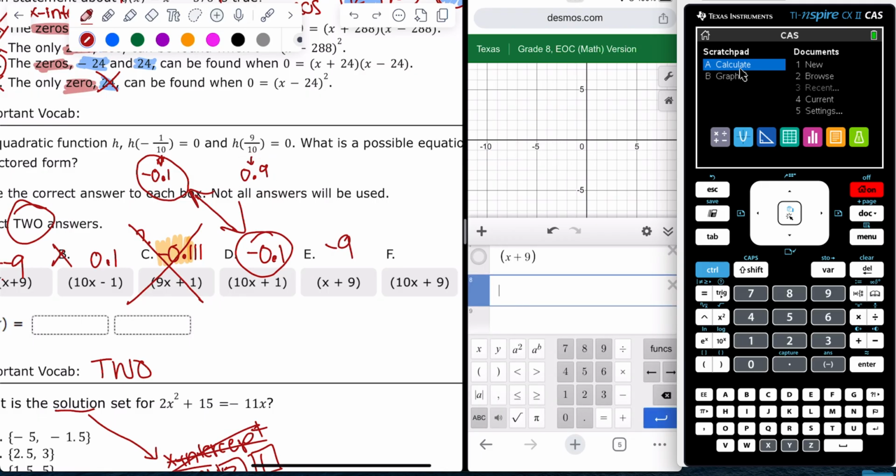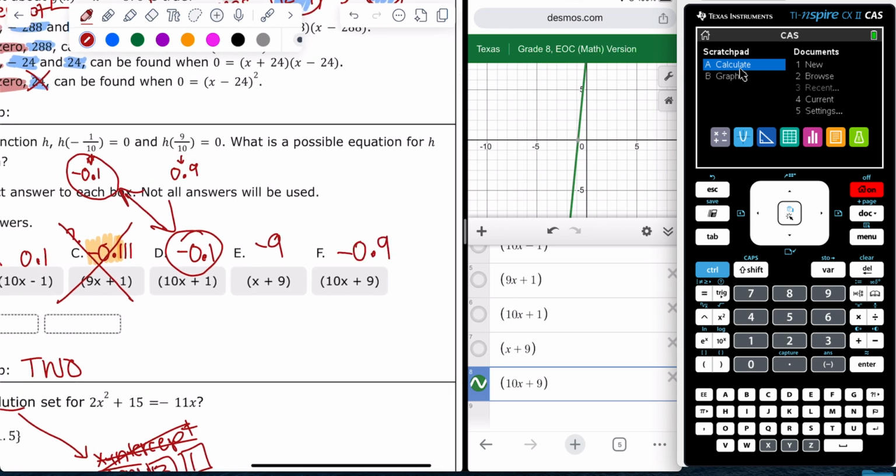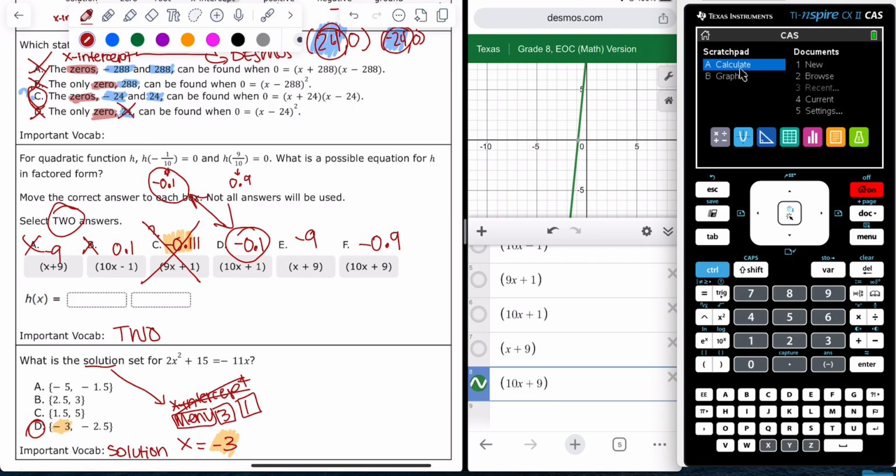Now I'm going to try F. 10x plus 9 in parentheses, and I get negative 0.9. Well, I'm missing an answer, so that's cool. So it only has one answer.